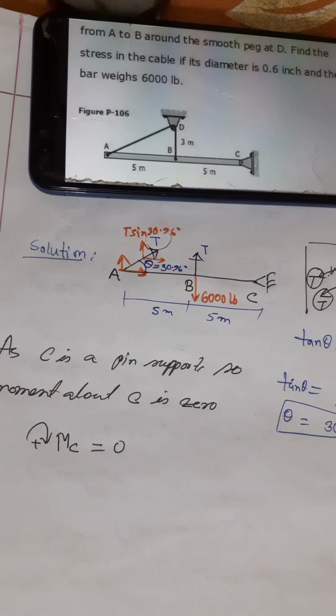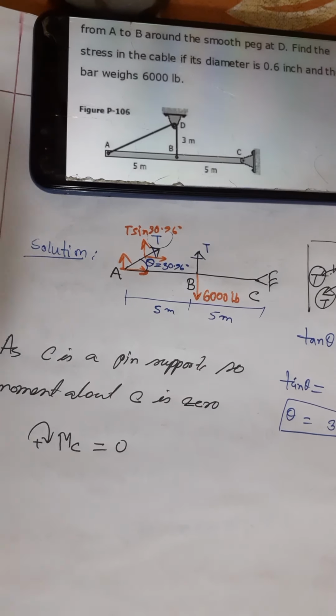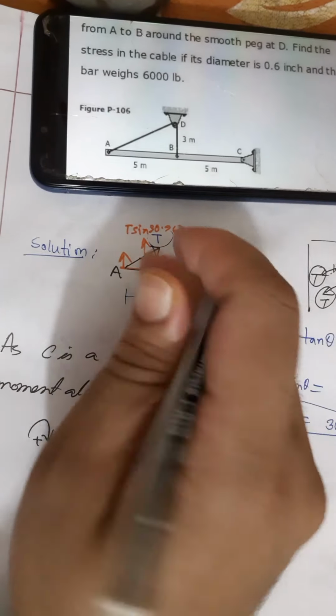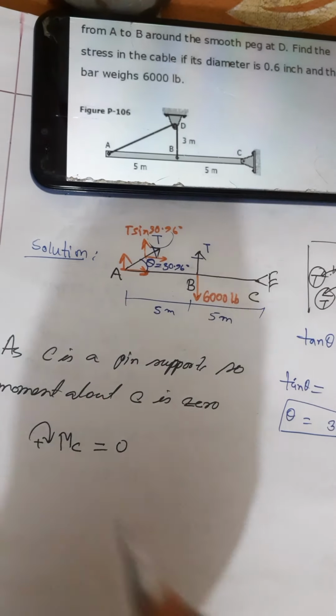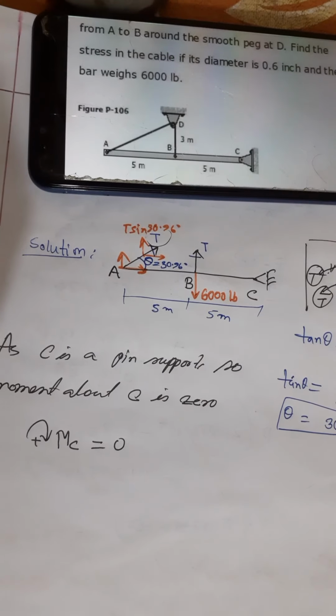So we can easily write that only the vertical component will create moment, and this will be the force multiplied by the distance, so perpendicular force multiplied by the perpendicular distance.